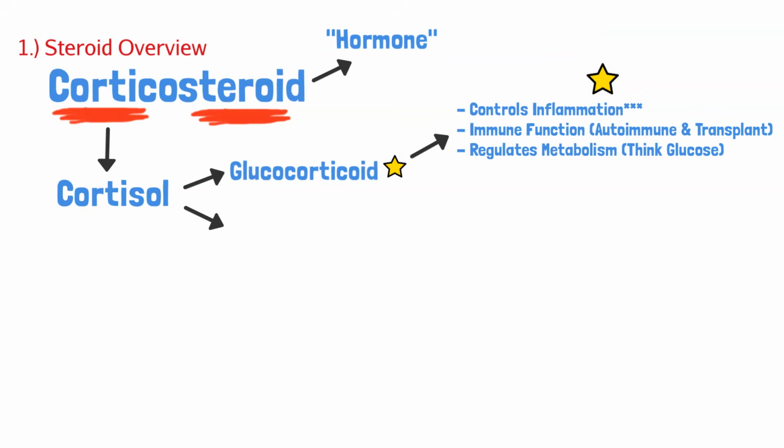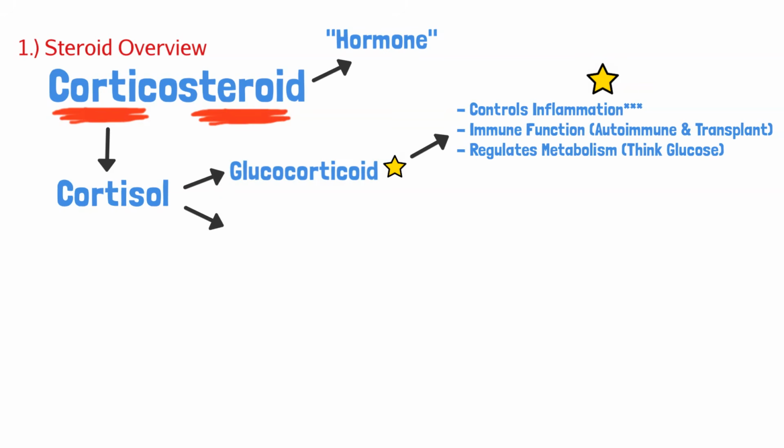What I mean by that is when we enhance the glucocorticoid effect or the receptors, they can control inflammation. They also have immune function response, and they also regulate the metabolism of your liver, like raising glucose.